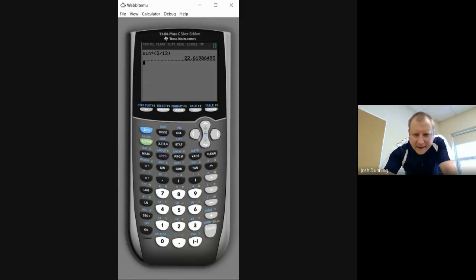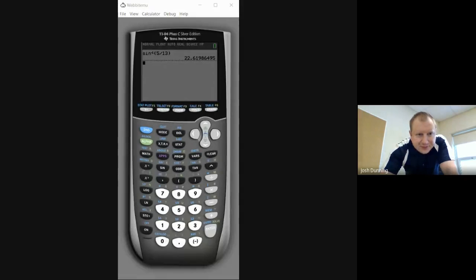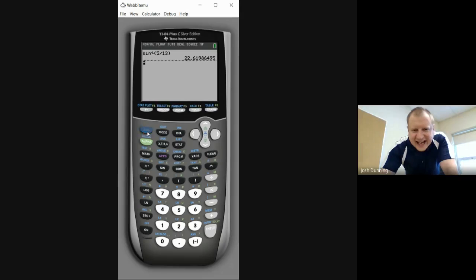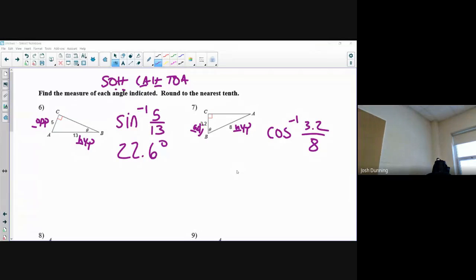So inverse cosine, just hit second cosine, 3.2 over 8, so 3.2 divide 8. There we go. 66.4 degrees.